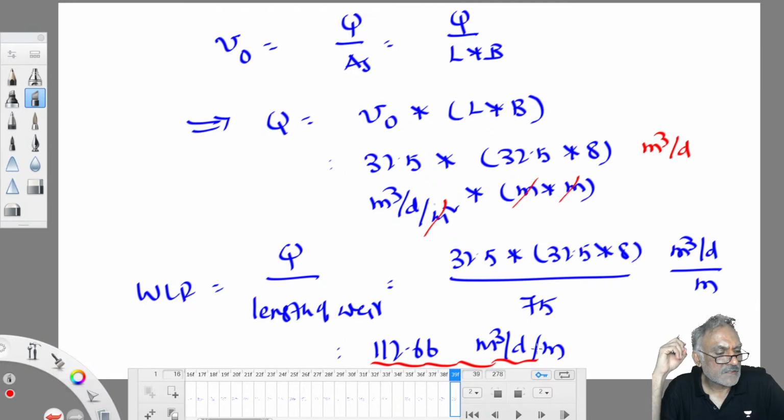I don't have that question, it is missing with me. Concentrations are given, and we are expected to find out percentage removal, overall removal.